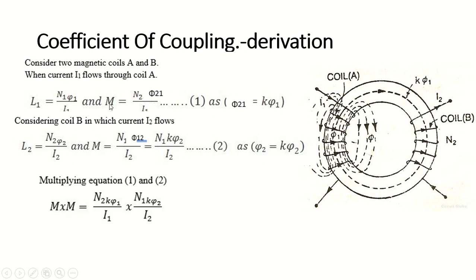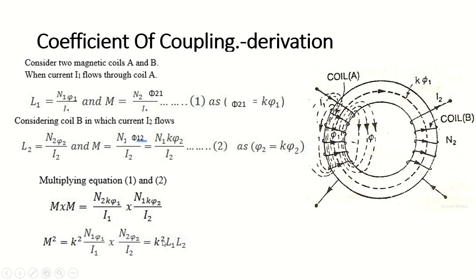Multiply these M equations, M into M. M into M equals N2 phi21 by I1 into N1 phi12 by I2. Phi21 is K phi1 and phi12 is K phi2. So we get K square into N1 phi1 into N2 phi2 by I1 into I2.